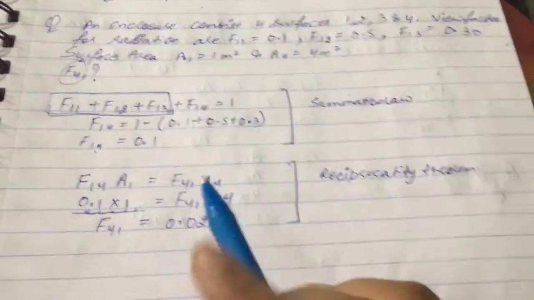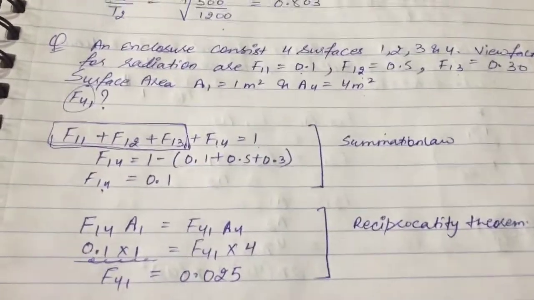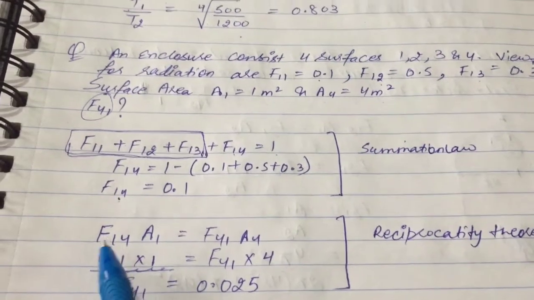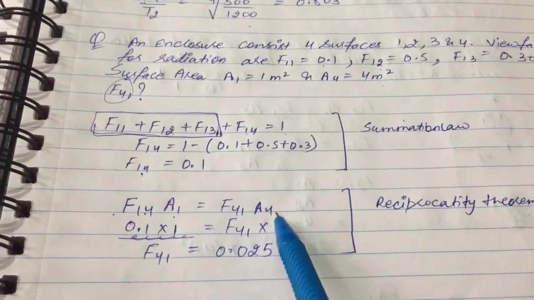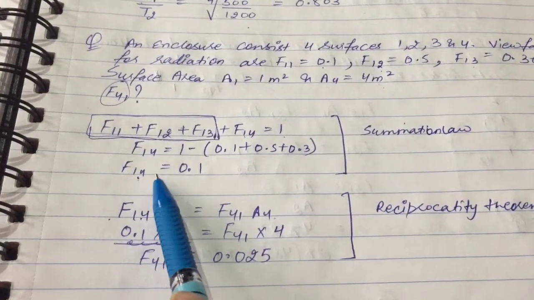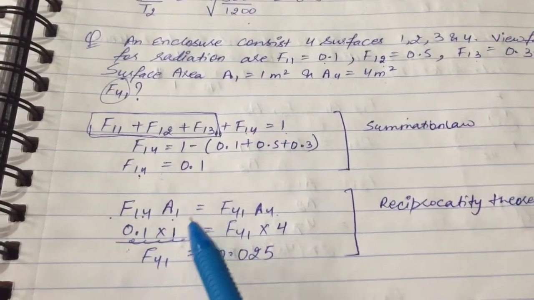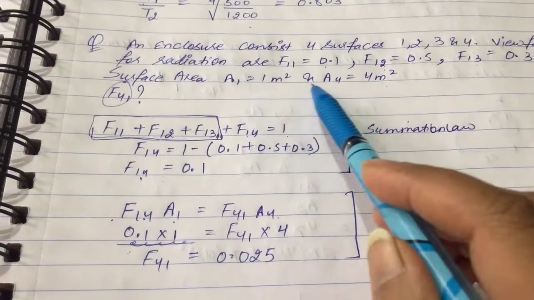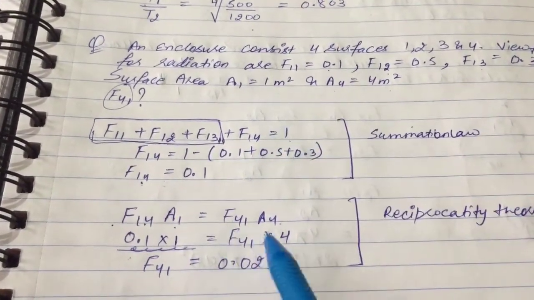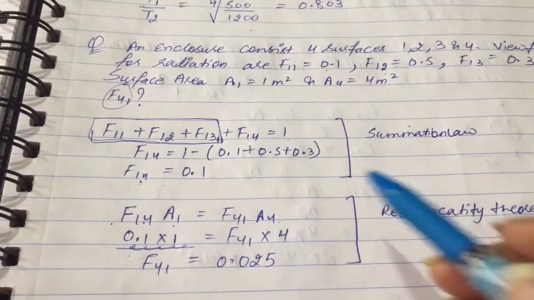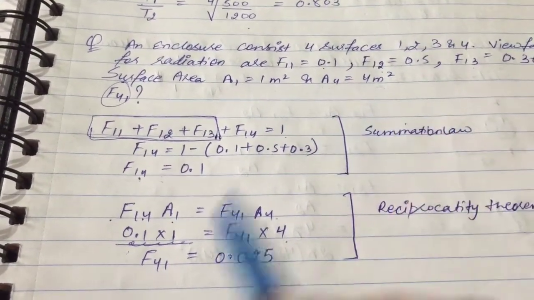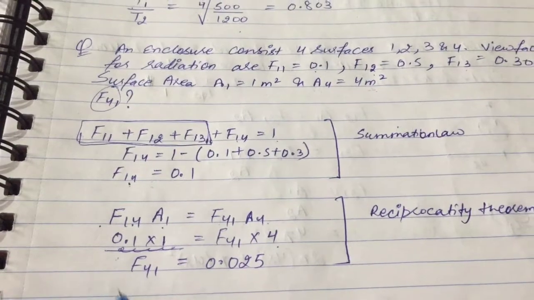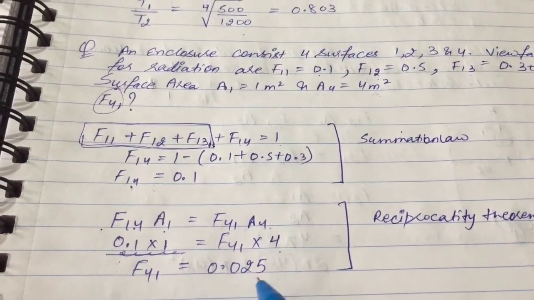Next, using the reciprocity theorem, we know that F14 into area 1 is equal to F41 into area 4. F14 we have calculated, area 1 is given to us, and F41 we have to calculate, and area 4 is also given to us. So we can easily calculate F41 from here, which is equal to 0.025.